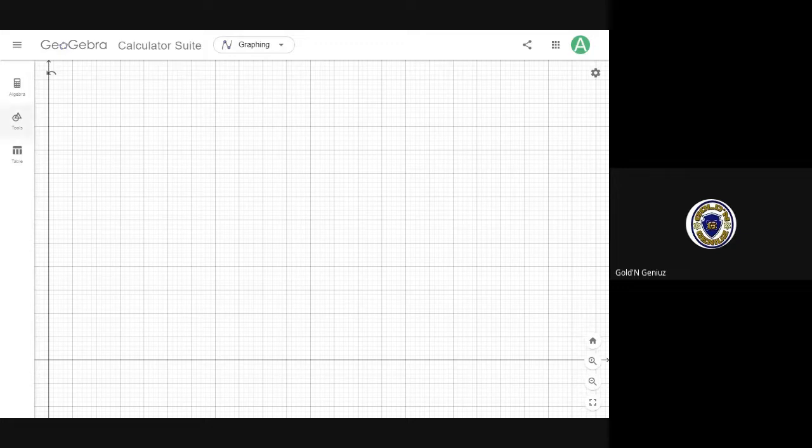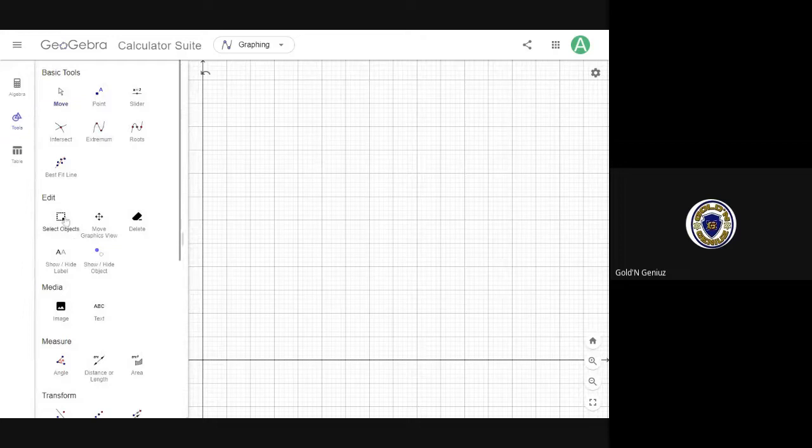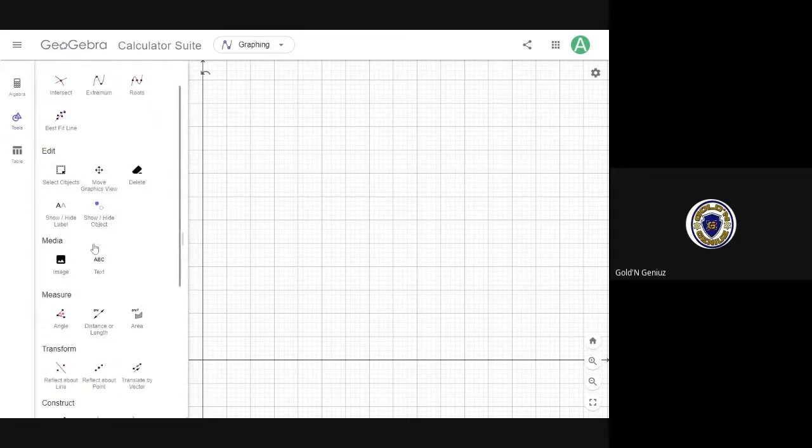Now, in the case that we're supposed to plot a graph, let's see if we can get a text box here.